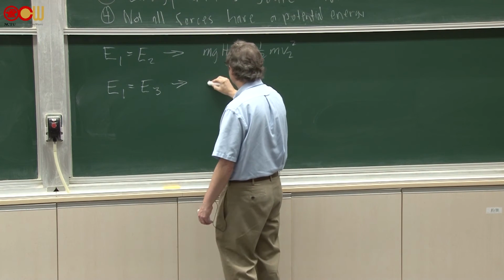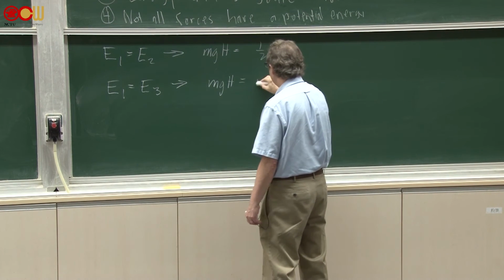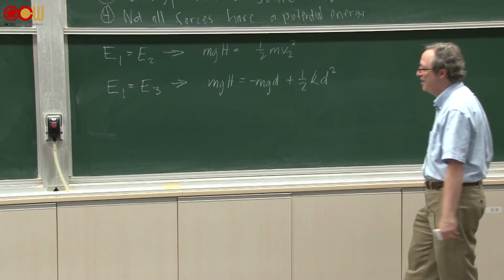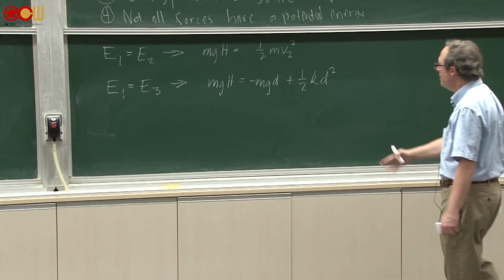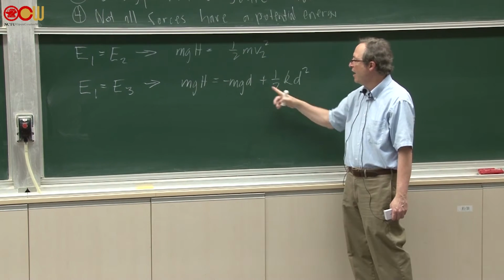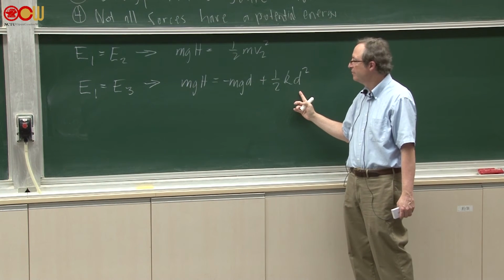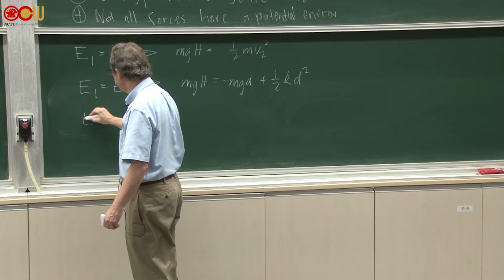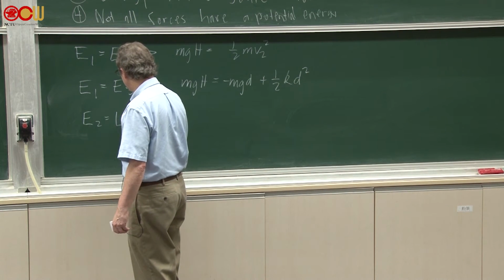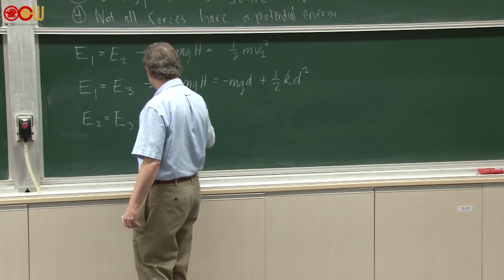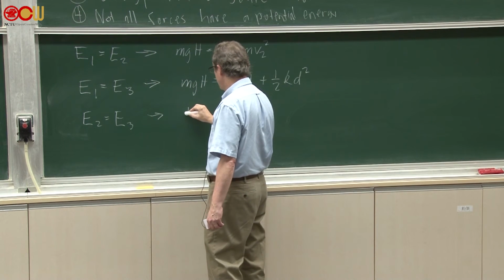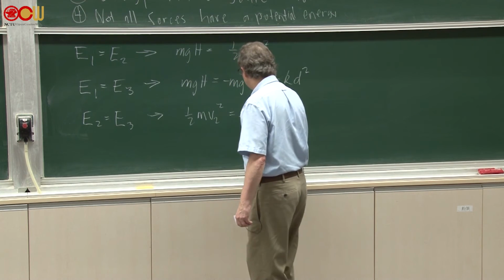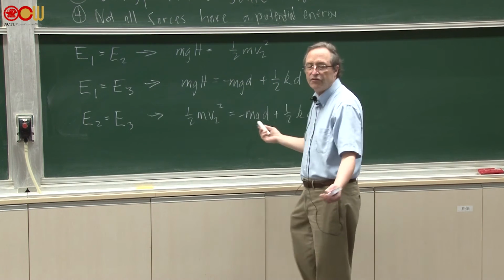And that implies mgh equals mgd plus 1/2 kd squared. OK? So here perhaps I could solve for something. OK, it depends on what I know. And then I also have E2 equals E3. So that implies 1/2 mv2 squared equals the rest. That's all there is to it.